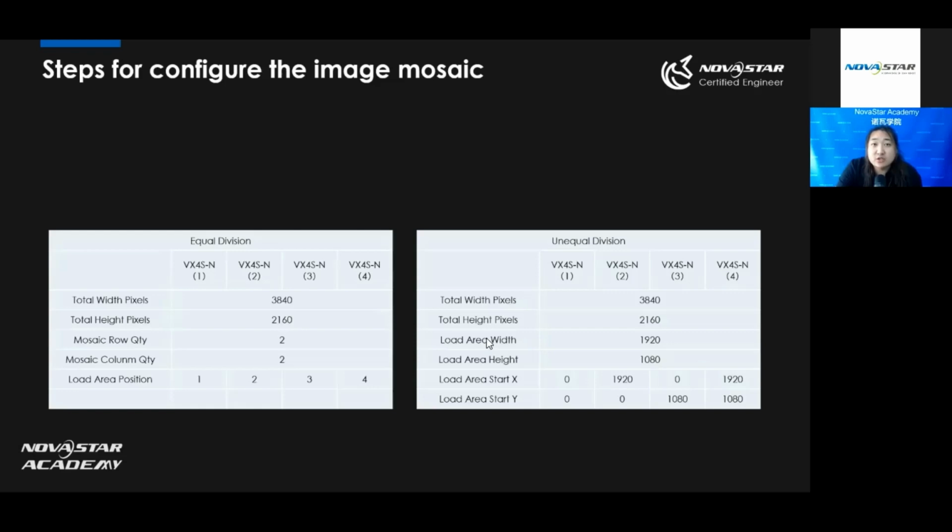Then we could just choose unequal division. That's a really important part. Actually, it's a little bit the same as equal division. The only difference is we have to tell each device its loading area. For example, here the total width pixels is 3840 by 2160.